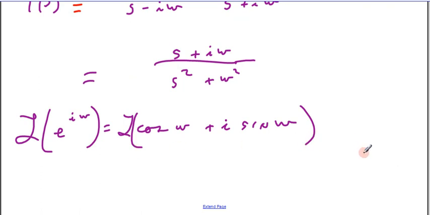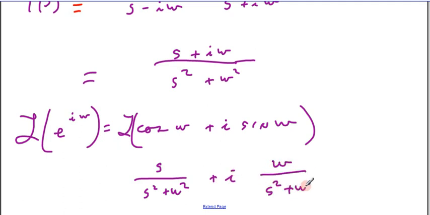And I have that Laplace transform already, and what it is is s over s squared plus omega squared plus i omega over s squared plus omega squared.